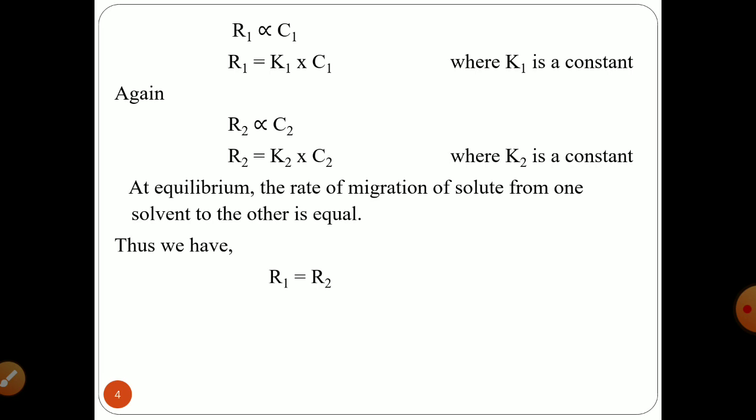So the values of R1 and R2 from the previous equations give the mathematical expression K1C1 = K2C2, and by rearrangement we get the equation for Nernst distribution law, where K1 and K2 are constants at a definite temperature and the distribution coefficient Kd is again constant at that fixed temperature.